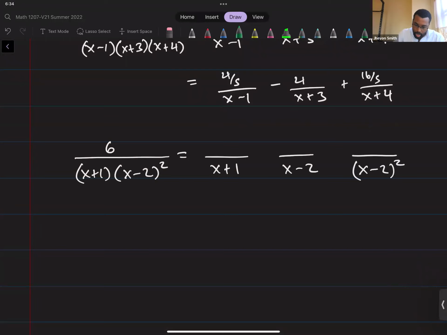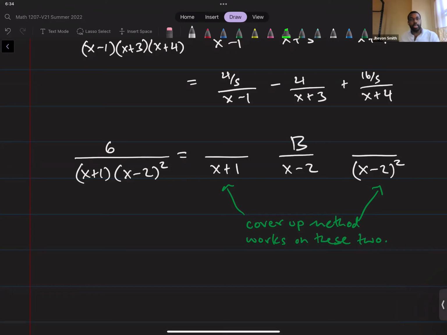Cover-up is going to work here and here, but it's not going to work here. I can put my generic B there. But for the other two, if I look on the left side, I cover up with my finger the x plus 1 and plug in x equals -1. I'm going to get 6 divided by -3 squared.